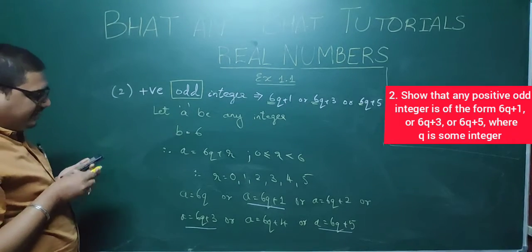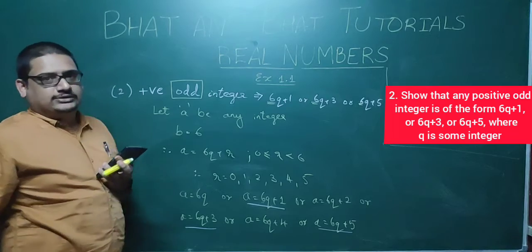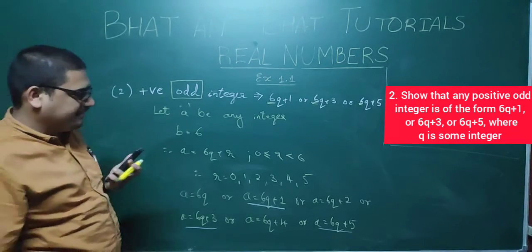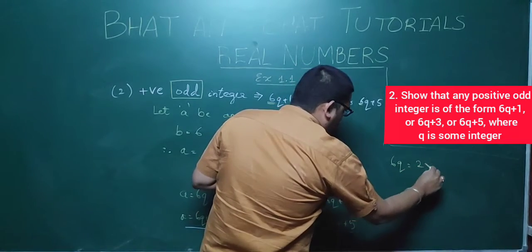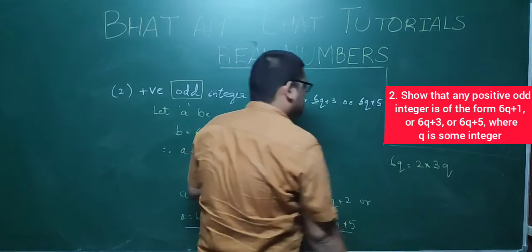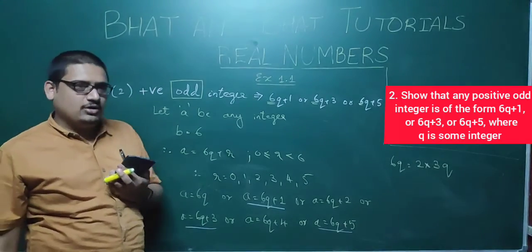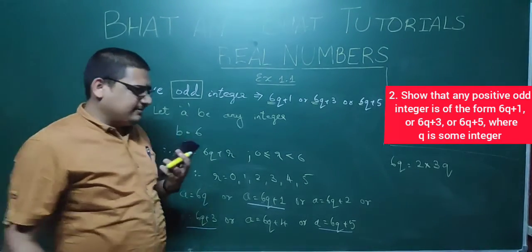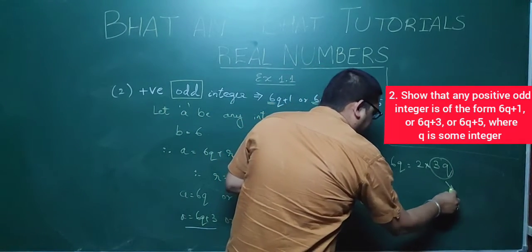A very simple way is by observing the 6 part. So what can I say? I can represent 6q as 2 into 3q. Correct? That means 3 into quotient; this part also gives me another quotient.